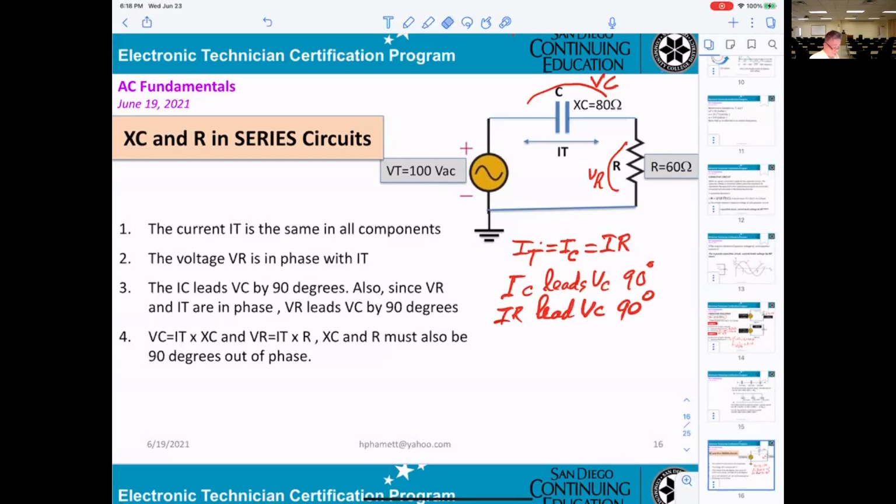Okay, now, what is the relation between IR and VR? They are in phase. Resistor, they have no phase difference. For the circuitry with IR and VR, they will be in phase. Now, I can draw that for you.